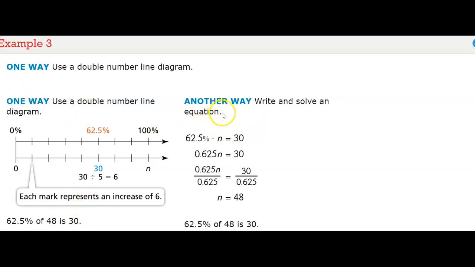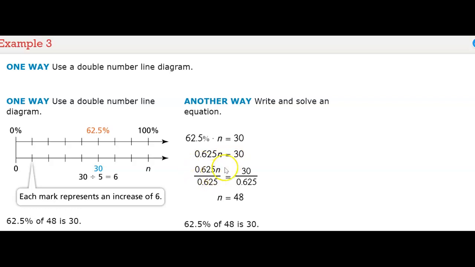Another way is to write and solve an equation. You take 62 and 5/10% multiplied by n equals 30. Again, you have to take the percent and make it a decimal, so you move it over to the left twice. Now you have 0.625 times n equals 30.